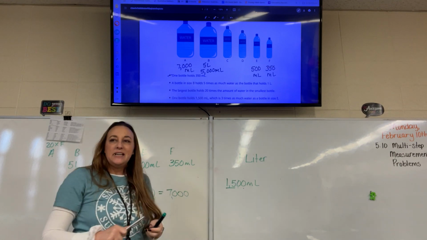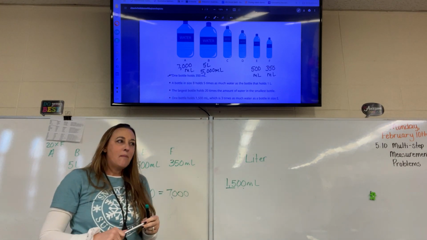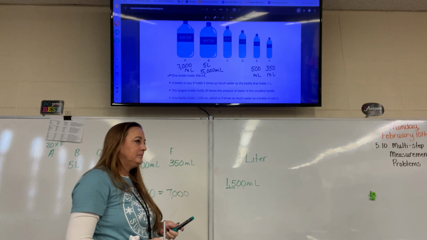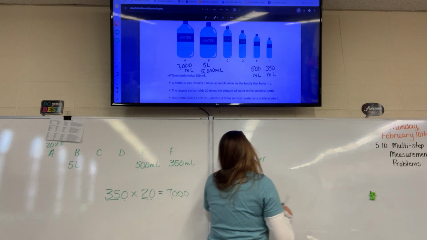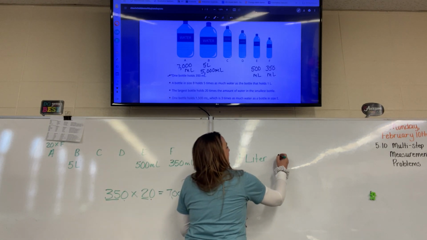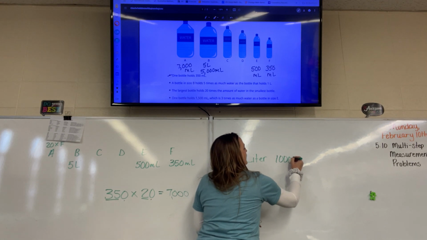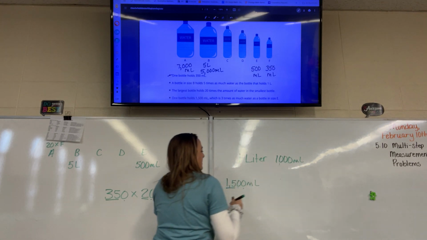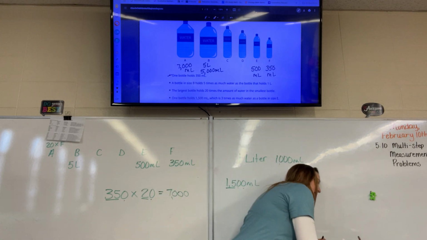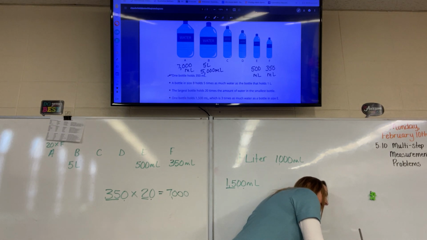How big is D? 1 liter. Because 1 liter is the same as 1,000 milliliters. So, D would be 1 liter and C would be 1,500 milliliters. And 1 liter is the same as 1,000 milliliters.